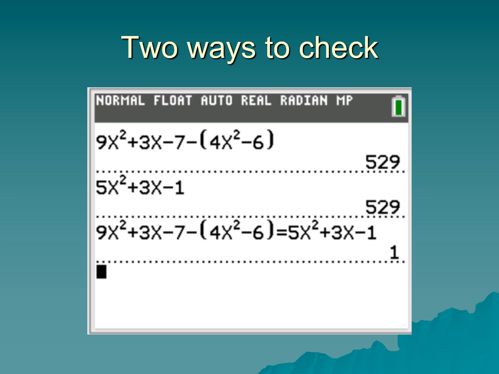So you type in the question, and you do have to type what's being subtracted inside parentheses because you're subtracting that whole thing. So you would type the 4x squared minus 6 inside the whole parentheses. That's going to give you a number. And then basically you type your answer, and you just want to make sure that those numbers match.